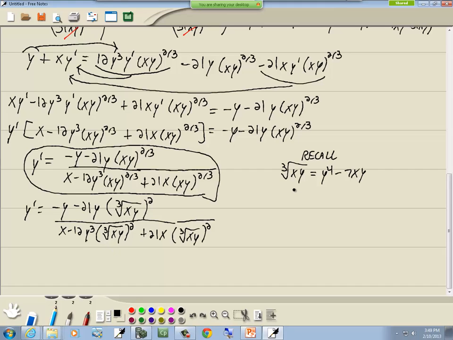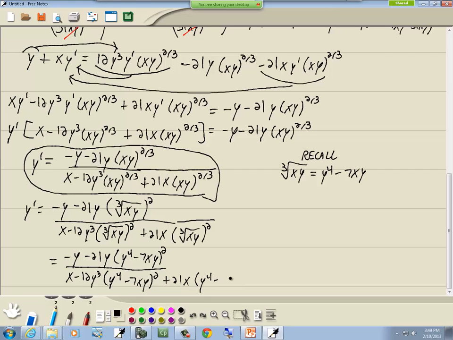So we could go through, if we wanted to, and replace all the cube root of xy's with y to the fourth minus 7xy. That'd give us negative y minus 21y times y to the fourth minus 7xy squared over x minus 12y to the third times y to the fourth minus 7xy squared plus 21x times y to the fourth minus 7xy squared.